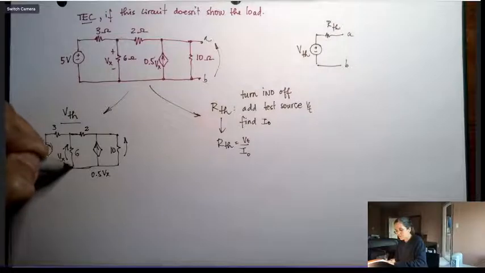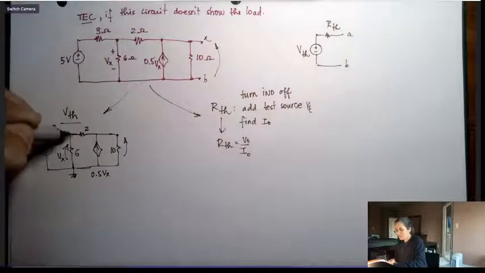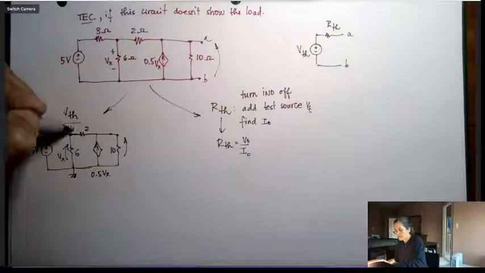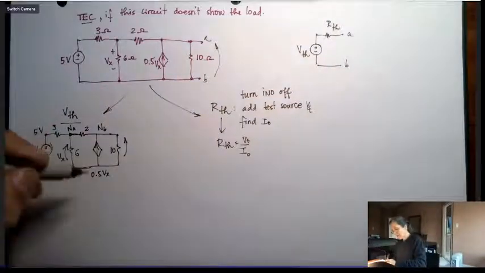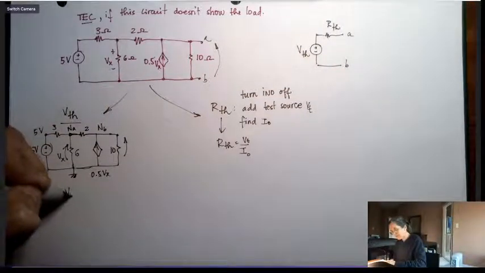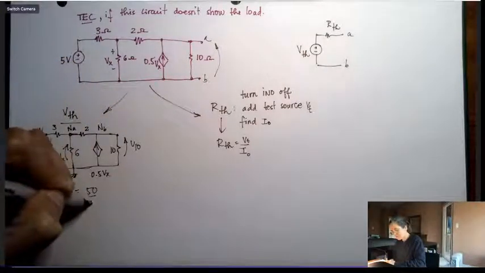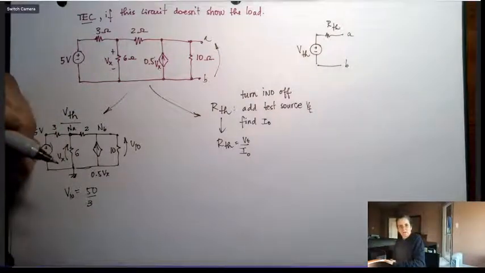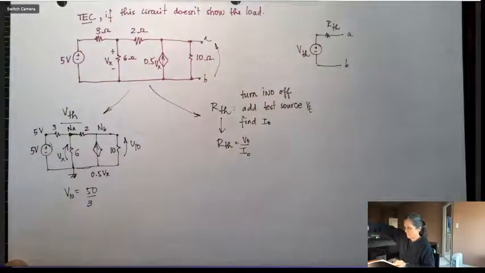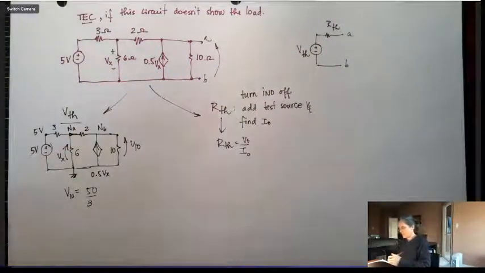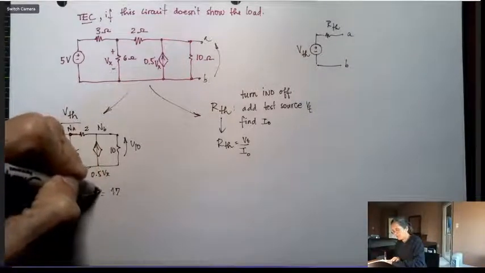So if you consider this 0, this node here is 5 volts. And then you need to write a KCL for node A and a KCL for node B. And by doing this, you find the V over the 10 ohms is 50 over 3 volts, which is 120 divided by 3, like almost 17 volts.